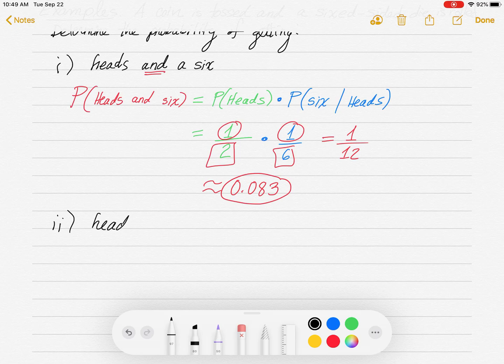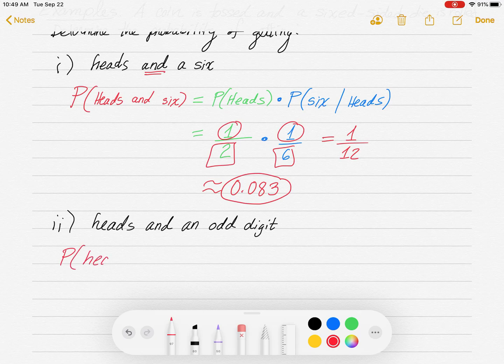What's the probability of getting heads and an odd number? Odd digit, we'll call it. So odds would be like 1, 3, 5, right? 1, 3, and 5 are the odds. All right, let's write this down.